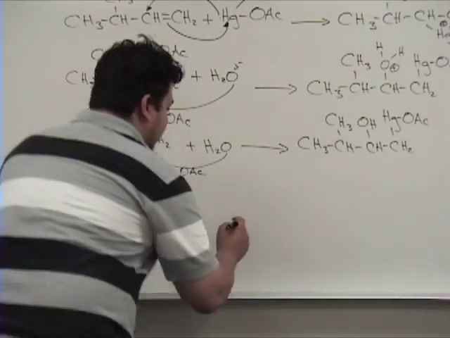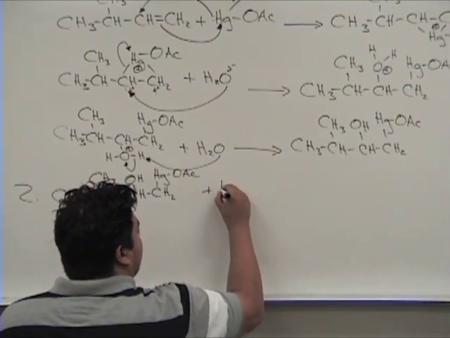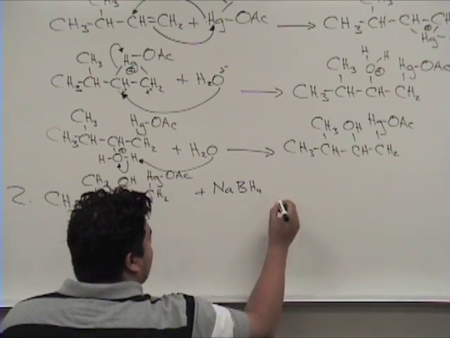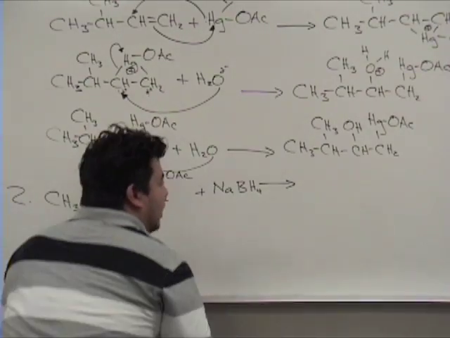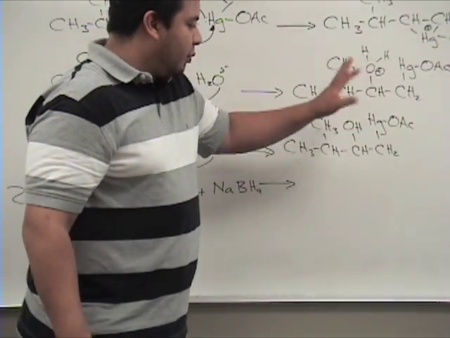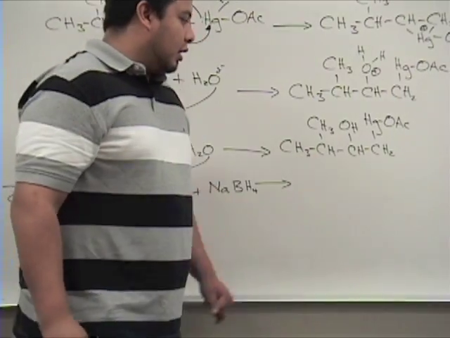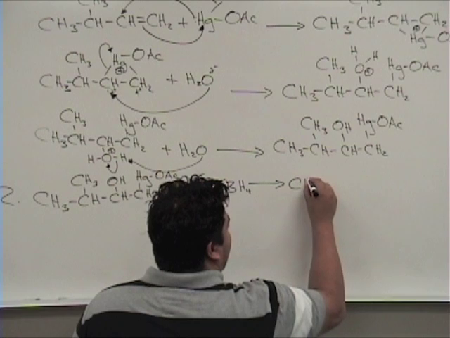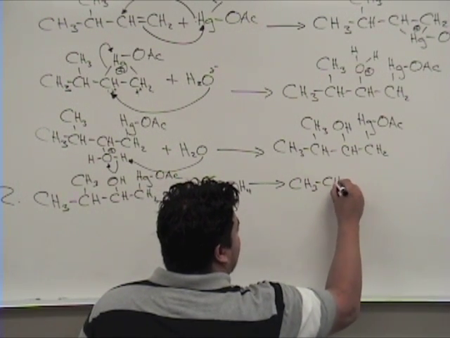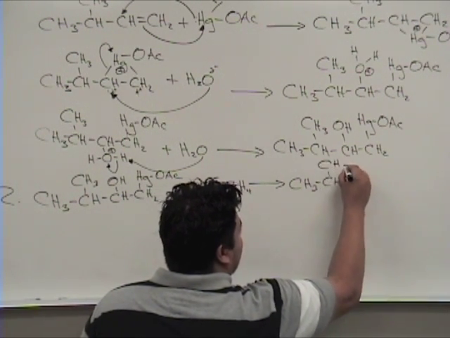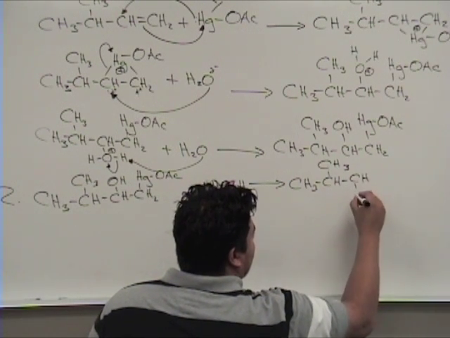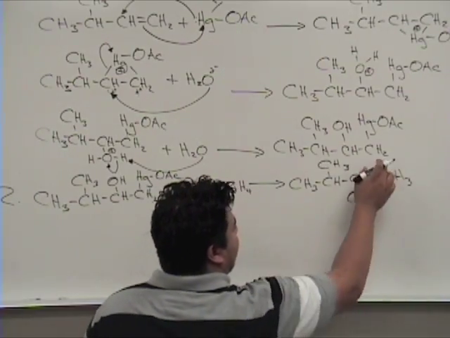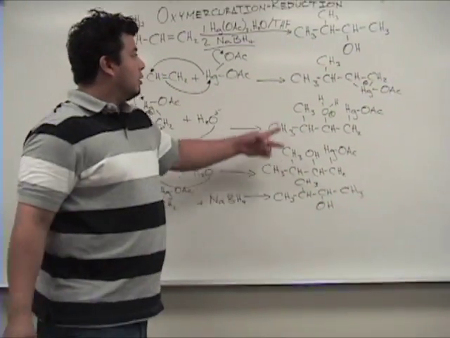And then this, we have sodium borohydride, and it's going to take care of this group that's going to leave, and then the CH2 is going to become CH3. So our product is this, OH and CH3 instead of the CH2. And this is the same as that.